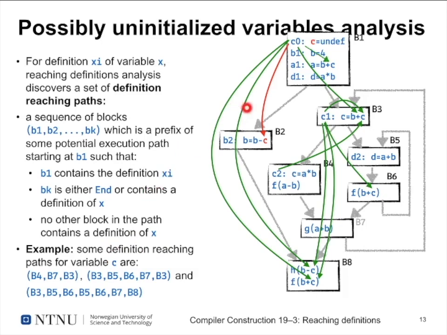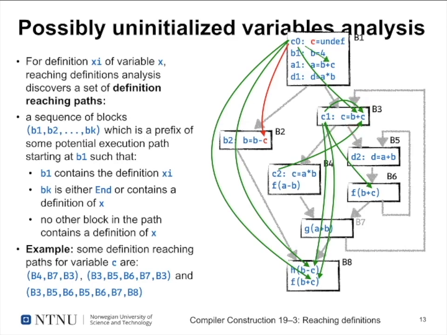Some definition reaching paths for variable c in our example would go, using our transitive analysis, through here. So we go from b4, where we define c, to b7, where we don't do anything with c at all, and then up the loop to b3, where c is actually redefined. Another one would be going from b3, down the right hand side to b5, where c is not used at all, down to b6, where c is only used but not redefined, going to b7 and then up again to b3, where it's redefined.